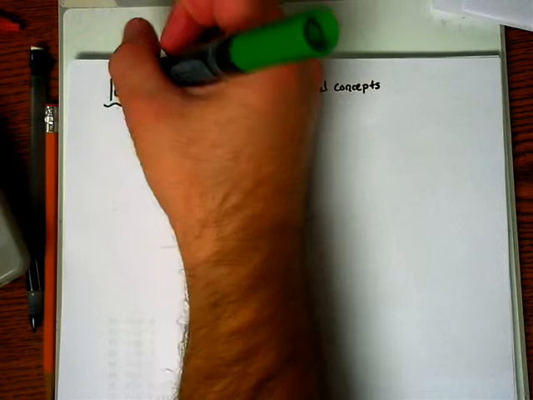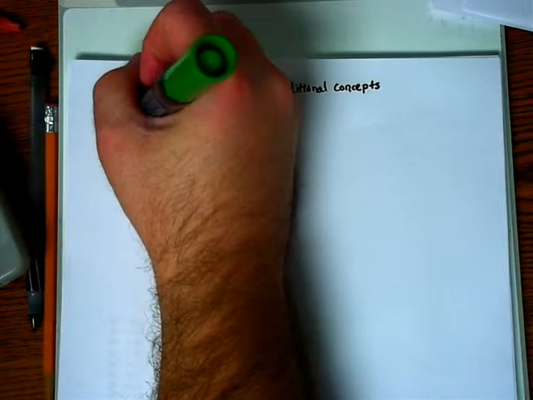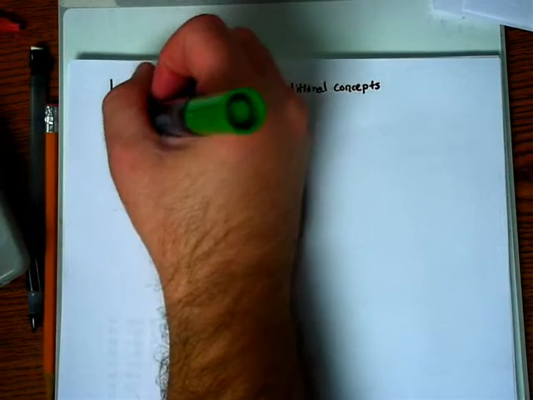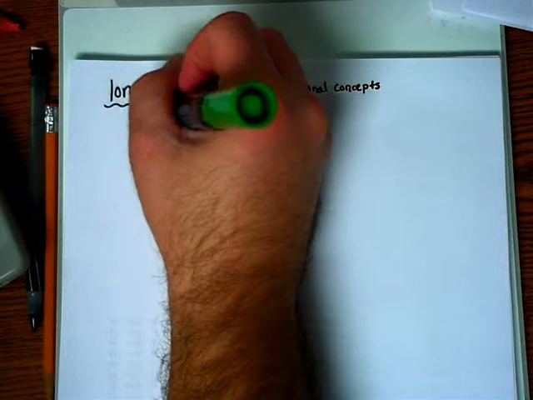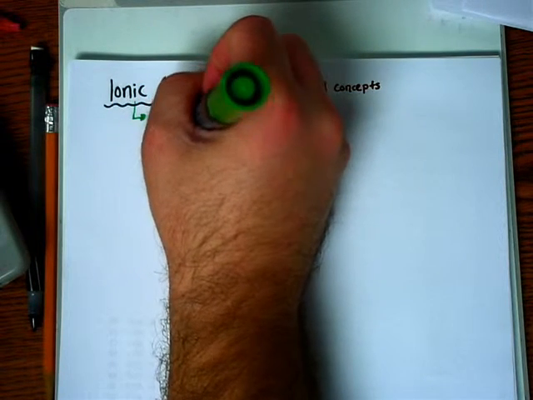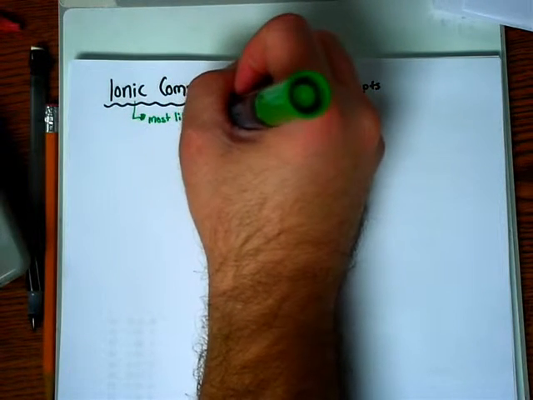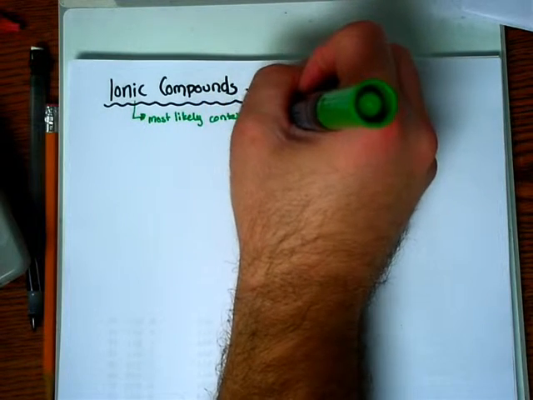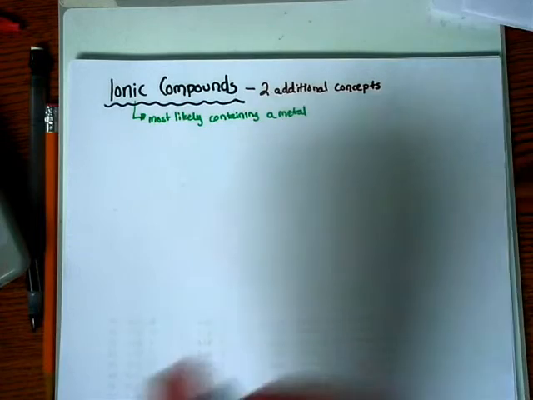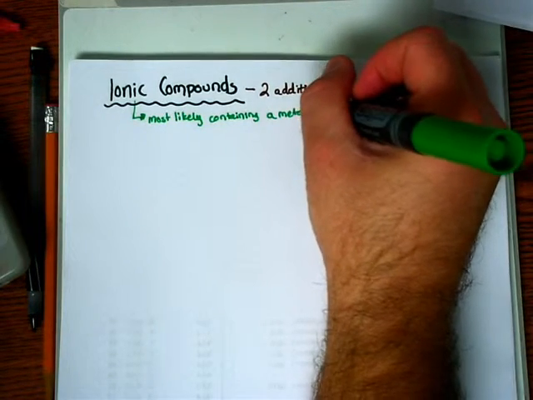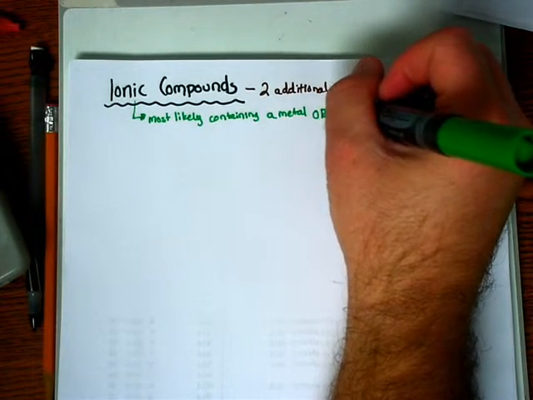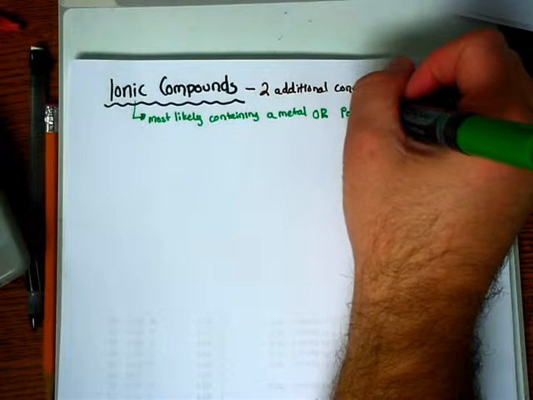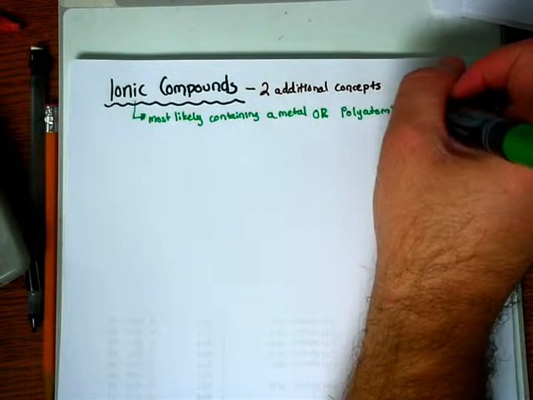At least for sure, we know that it's going to be ionic because it is most likely containing a metal. And I'm going to add an addition now, or polyatomic ions.